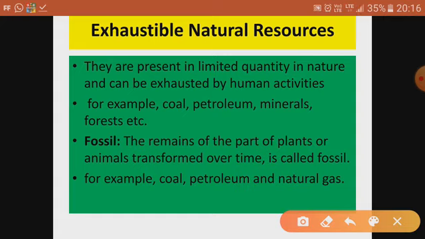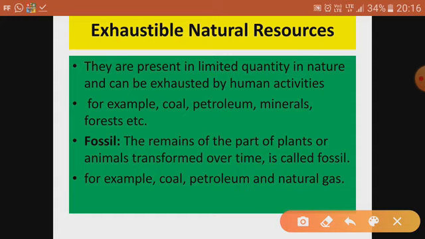For example, air and sunlight, like wind energy, solar energy and tidal energy. Why do we use them? Because they are the alternate sources of energy. They are inexhaustible. There is no danger of them getting finished up. So we need to be very mindful in this perspective.